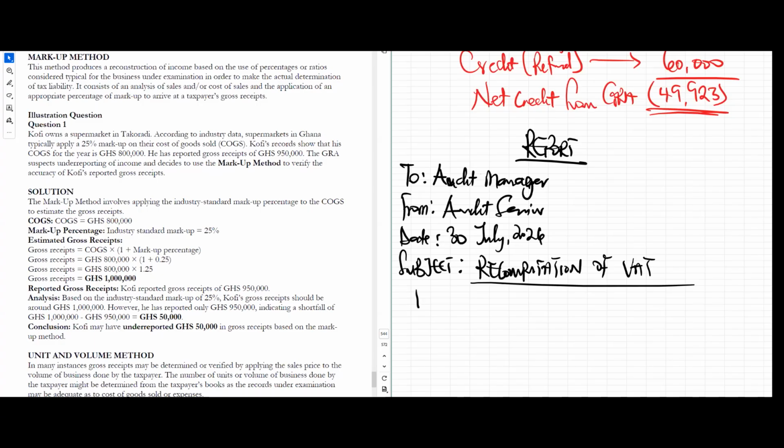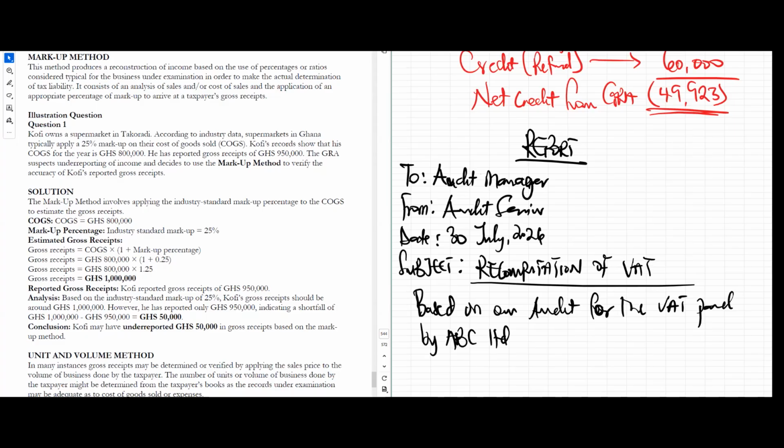Are you getting it? So based on audit, for the VAT paid by ABC Limited, I have come up with the following analysis and observations, right?